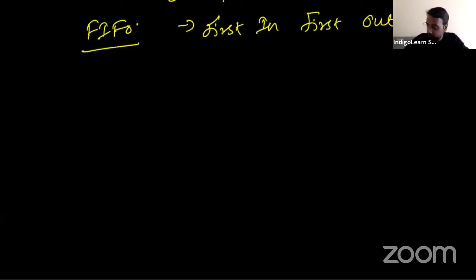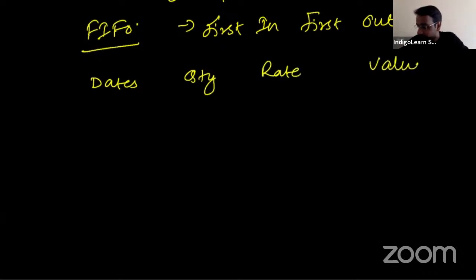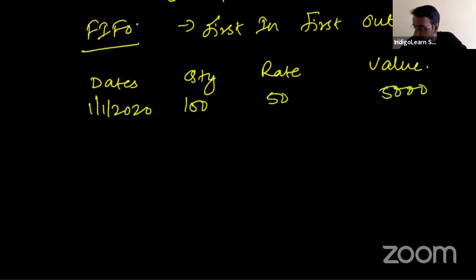For example, let us say we have different dates, we have quantity, we have rate, and then we have the value. Assume for a moment 1st of January 20, we got 100 quantity, and let us say the rate is 50, the valuation is 5000. Then these are in.